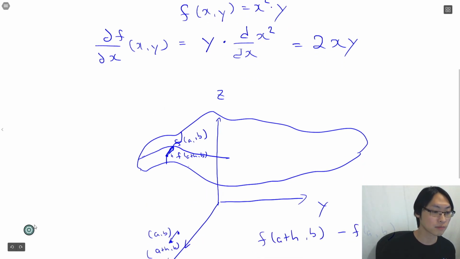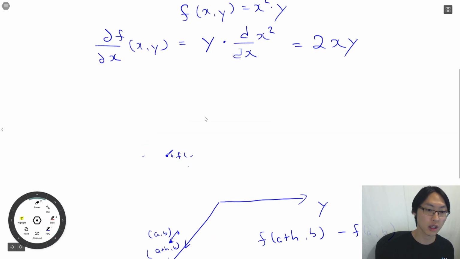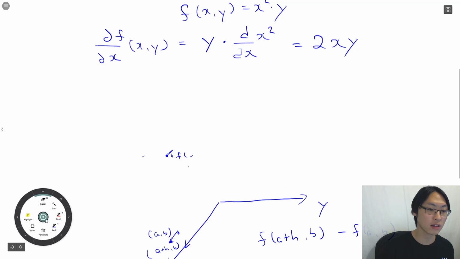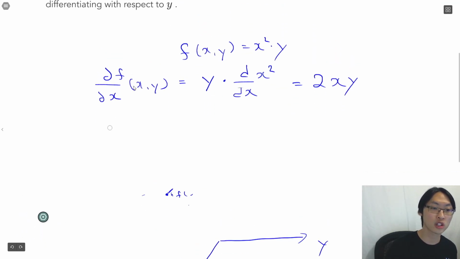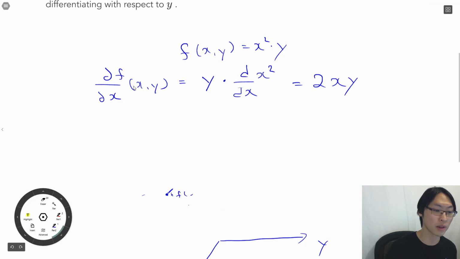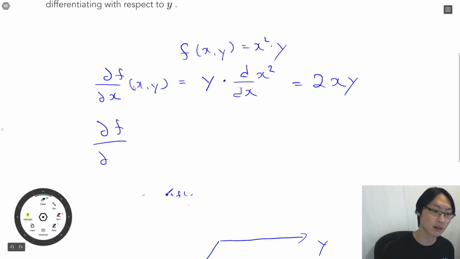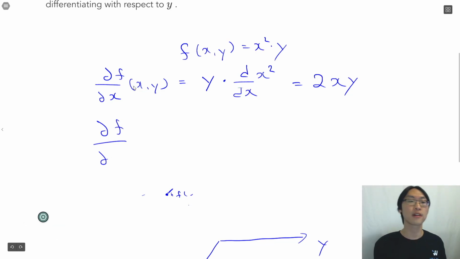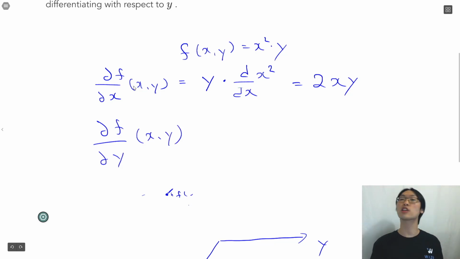However, let me just make this a little neater over here. If I want to differentiate this thing with respect to y, I have partial of f, partial of y, x comma y. So I'm differentiating f with respect to y now.